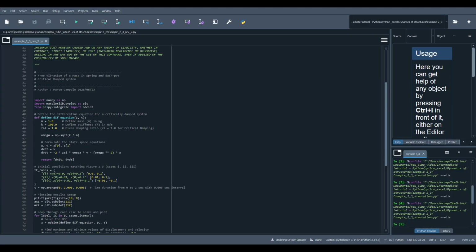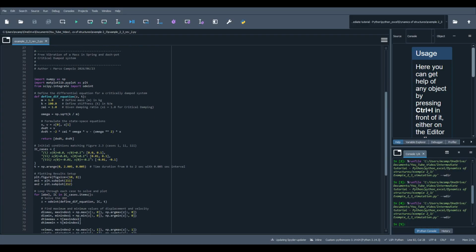And after, in line 58, there is the import of the odeint function from SciPy. This is a solver specifically designed for the numerical solution of ordinary differential equations. Then we define the differential equation with zeta and t.